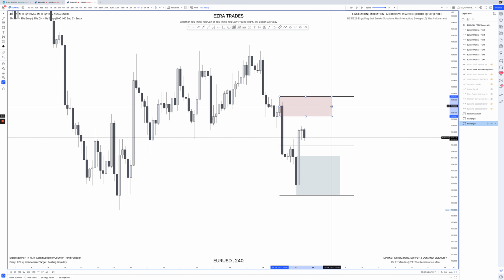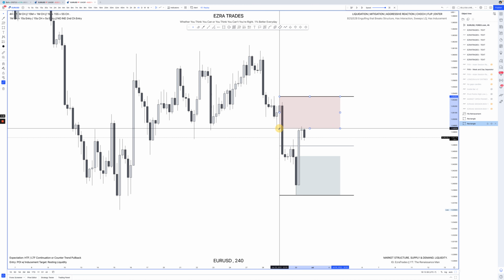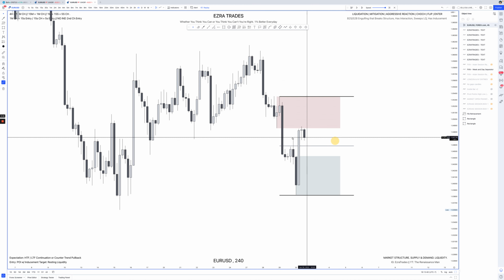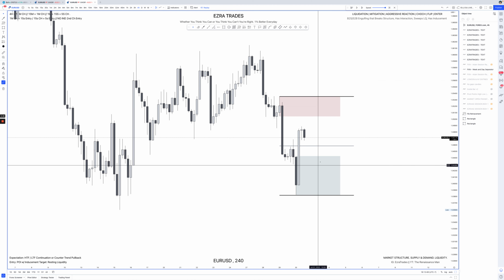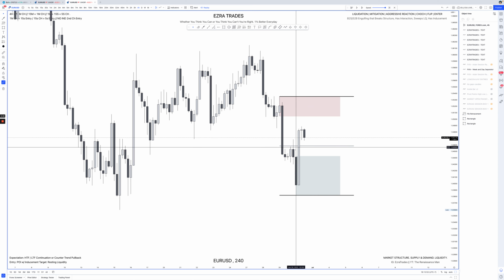Now, most ideally, I would like to see shorts happen from this 4-hour. Now, I could argue and say that this is the 4-hour pivot, buy to sell, right? So I could make that argument. At the same time, if I'm going to buy it, it would have to be from down here. So I wouldn't buy from current price action, as well as we know that we recently left this imbalance behind.